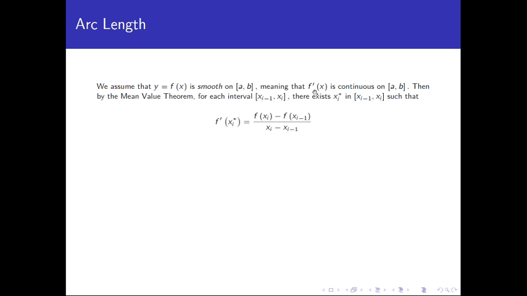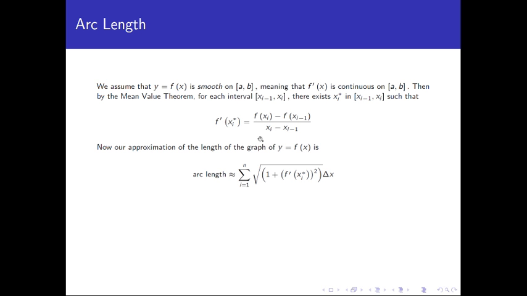Well, if the derivative is continuous everywhere, it certainly means the derivative is defined everywhere on that interval. And if it's defined everywhere on the interval, it's certainly defined everywhere on the subinterval. So we can apply the mean value theorem to each subinterval. We can find a sample point so that the derivative at that sample point is equal to that slope expression that we saw on the previous slide.